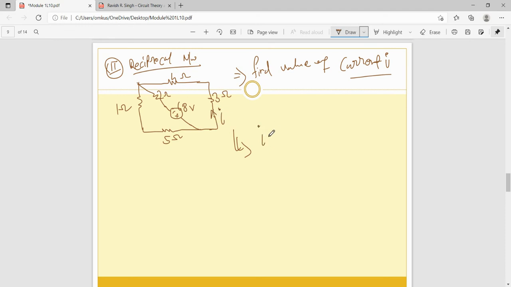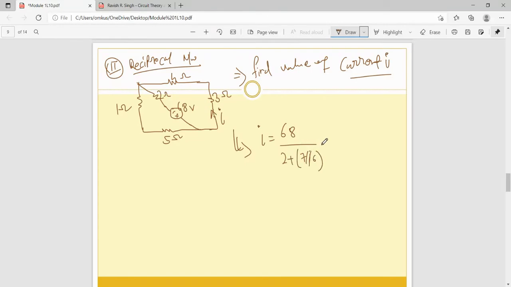Okay, so I is equal to, the total voltage is 68 volt divided by total resistance: this 3 plus 4 is 7, 7 in parallel with this 6 ohm resistance, plus this 2 ohm resistance. So 2 plus 7 parallel with 6 ohm, right?